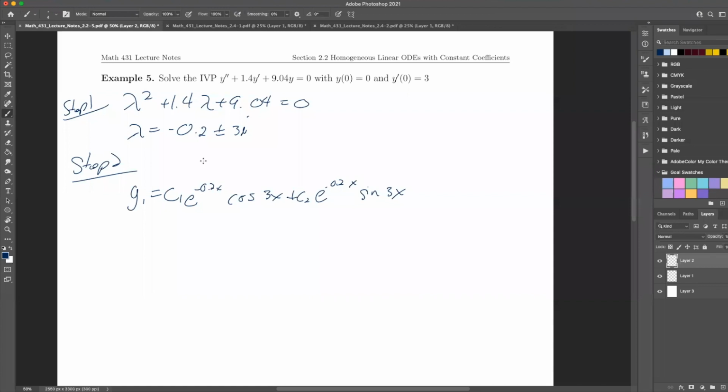Remember, it'll be e to the real part times x, cosine of the imaginary part times x.